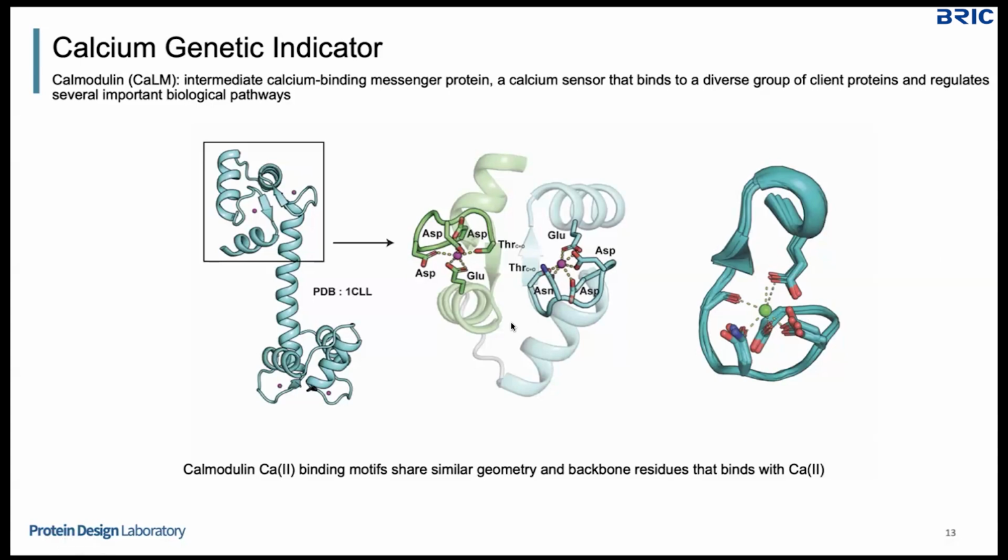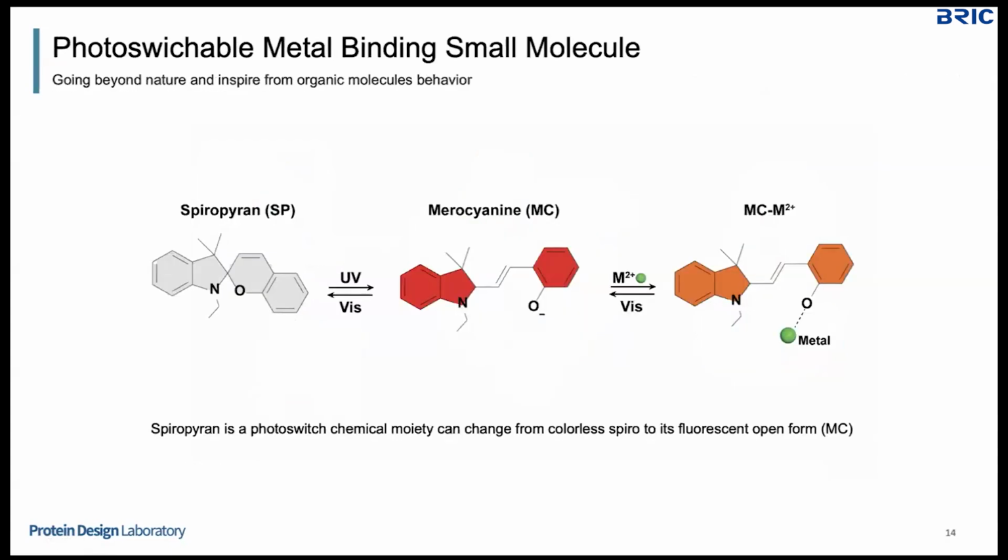So we just picked the first one to proceed with our experiment. And then the small molecule, or organic moiety, that we used in our project is called spiropyran, a photoswitchable molecule.